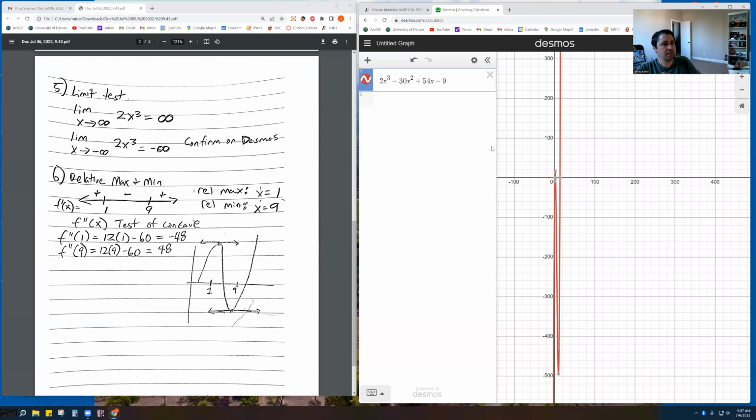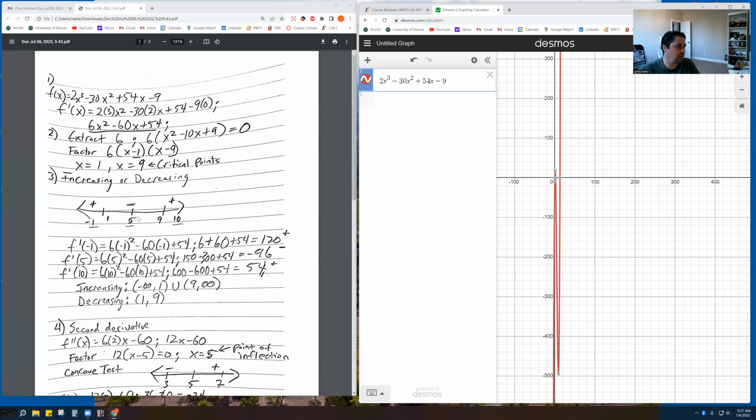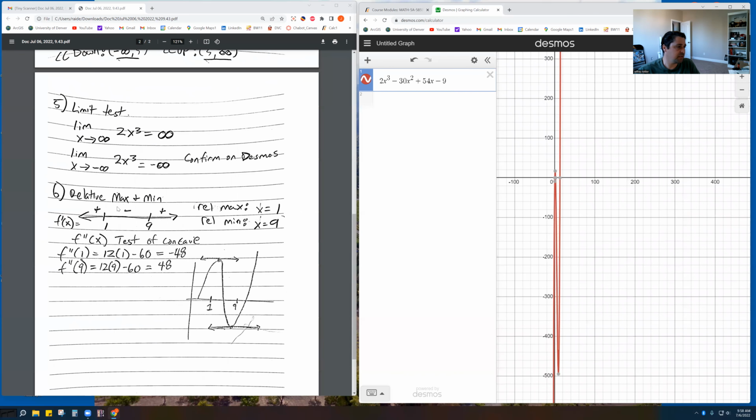And then the last thing we want to talk about was the relative max and mins. So I pulled this little range chart again from what we did earlier, but this time we already know where the increasing and decreasing values should be from the first derivative.